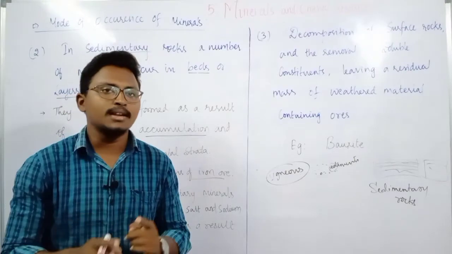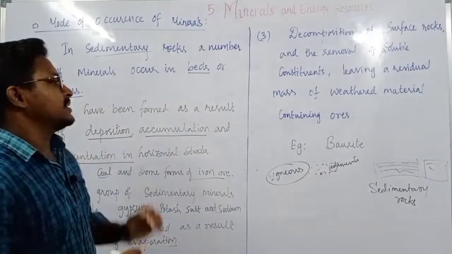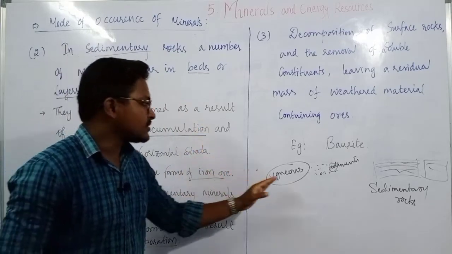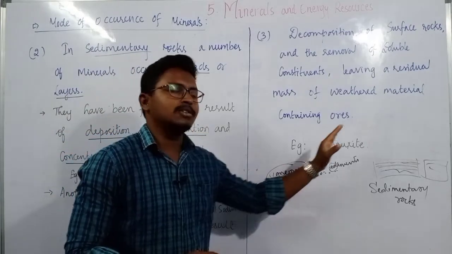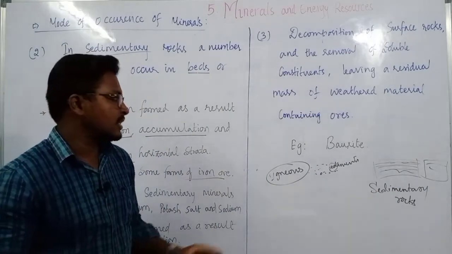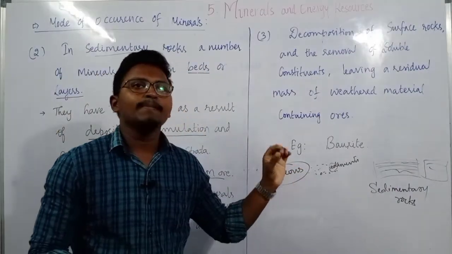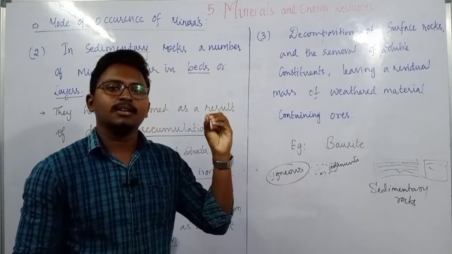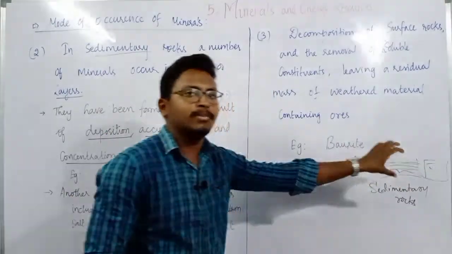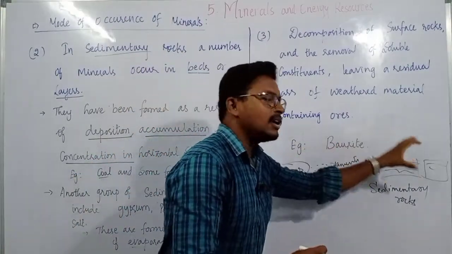And how do they occur? In the form of beds or layers. But how are these beds and layers formed? It is in the process of changing igneous rocks into sedimentary rocks. Igneous rocks will be broken into small pieces, or sediments, and these sediments will be deposited in a particular place, or accumulated with other factors.